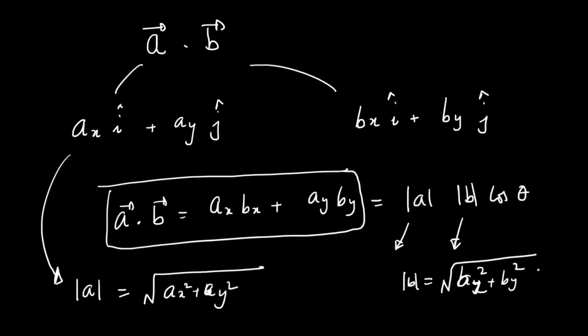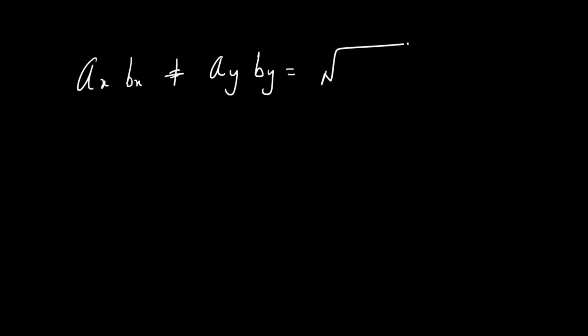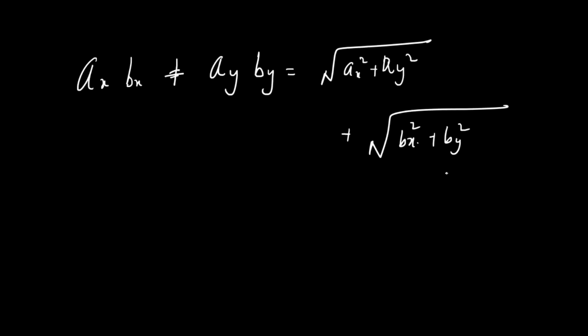And then finally we do have another result which is not to be memorized because it's pretty obvious where it is coming from. It is equal to root of ax square plus ay square into root of bx square plus by square, into cos theta.